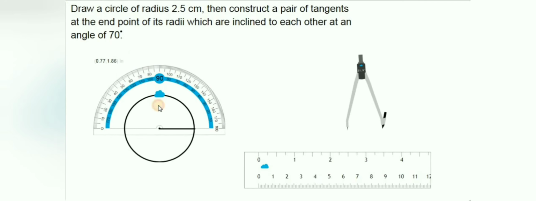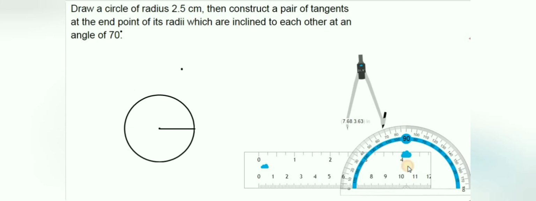The angle between the two radii is 70 degrees. So I am taking the 70 degrees here from the first radius. Mark this, and take the measurement from the right side. This is 70 degrees, the angle between the two radii. That's why I am taking 70 degrees from the right side here.